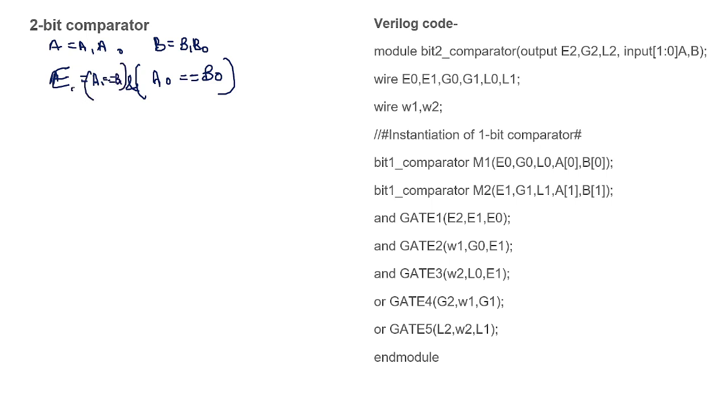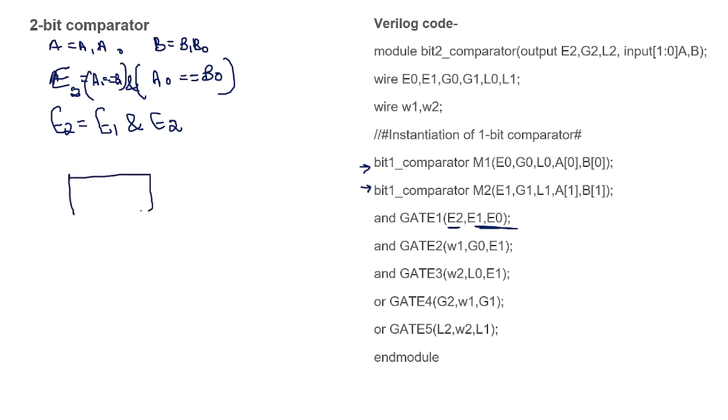That means, so here we can say E2. If I take E2, I need E1 and E0. E0, E1 I can get through the 1-bit comparator output, and then again I have to perform an AND gate operation to get the E2 equality. So equality we can get directly.